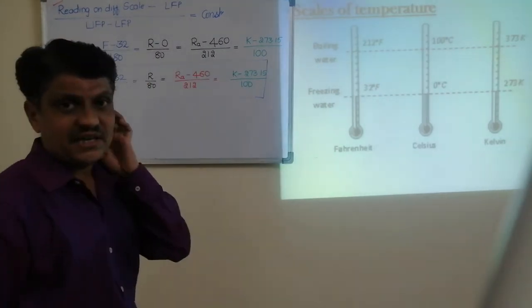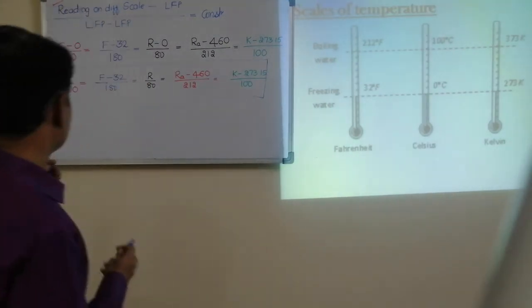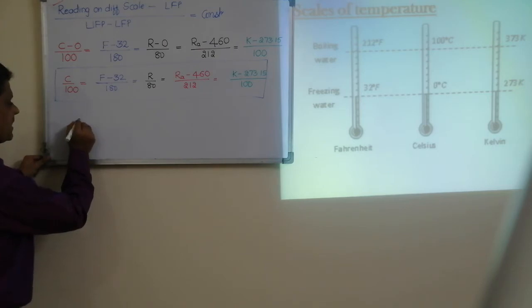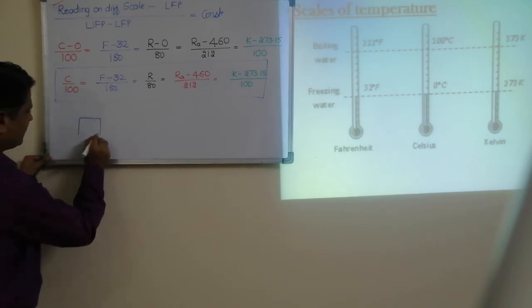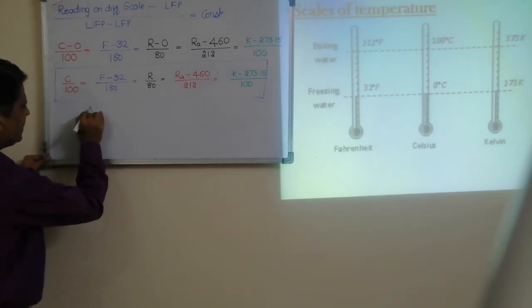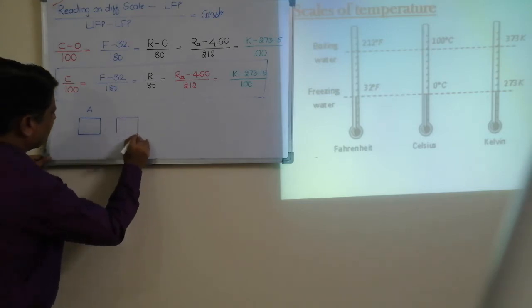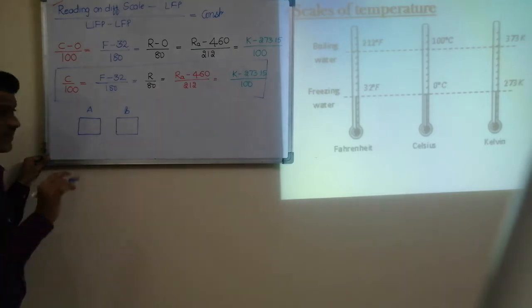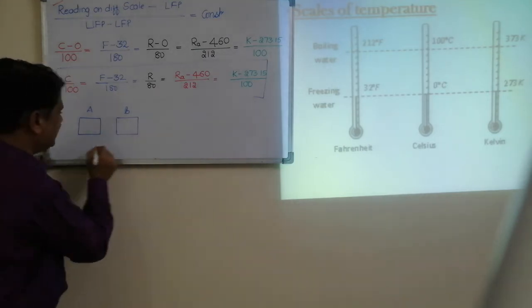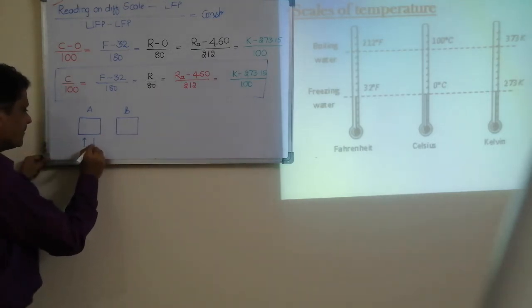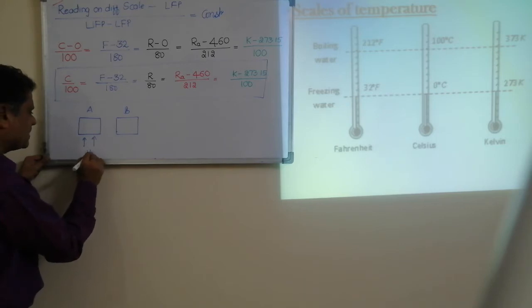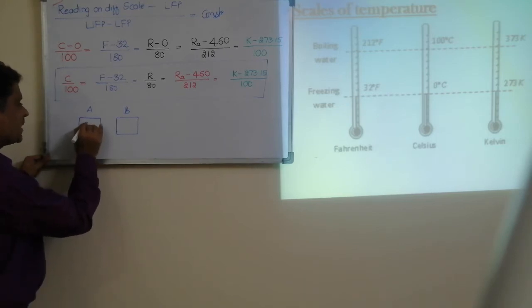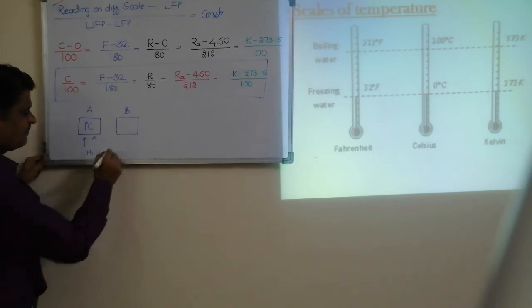Based on this, if I ask you a question: whenever we provide heat energy to a body, let's say it is a body A, and here is a body B of the same size. Size remains the same, identical bodies. Here H1 heat is given to raise the temperature by 1 degree Celsius.